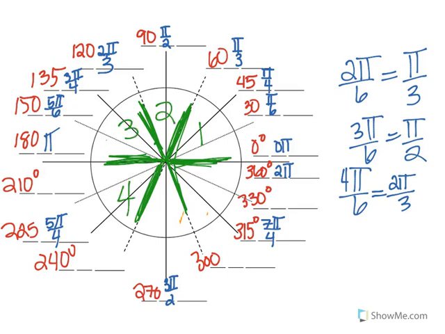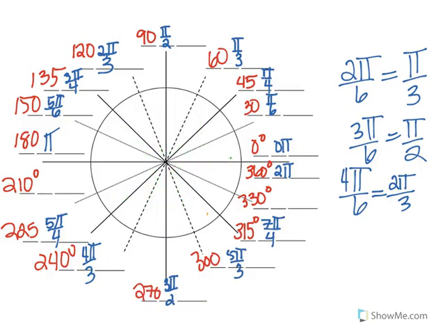This one would be 4/3. This one would be 5/3. And the last one would be 6/3, which is 2 pi. If you want to count it based on your 30s, we can go back to that.